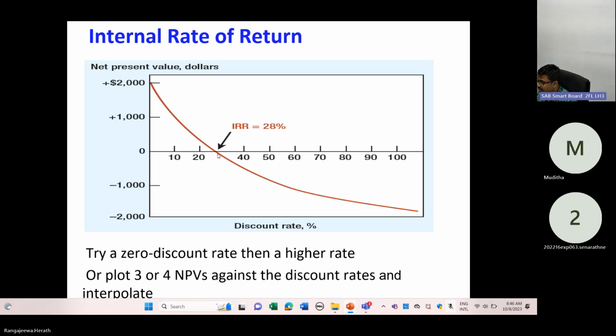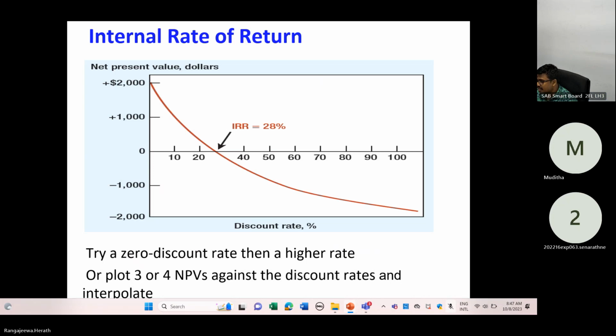So there is a point where NPV becomes zero. The discounting factor at which NPV becomes zero is named IRR, internal rate of return. That means that is the minimum return that an investor expects from this particular project to be worthwhile.